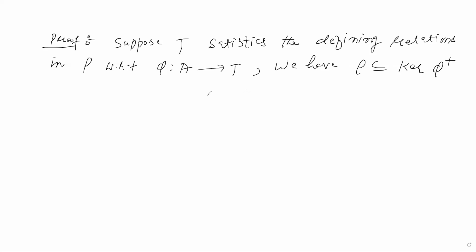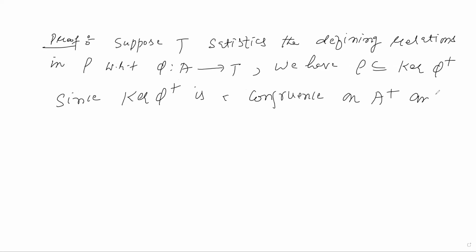Since kernel of phi plus is a congruence on A plus, and rho is contained in kernel of phi plus, it means kernel of phi plus is a congruence on A plus containing rho.